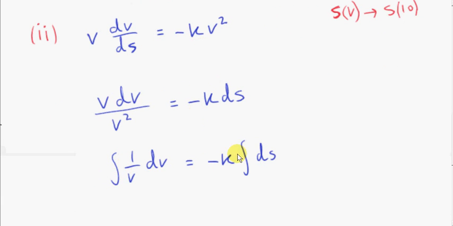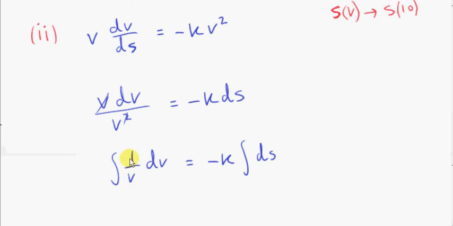Next, we integrate both sides. We've straightforward integrals to solve here. Now we could consider indefinite integrals, forget about the limits, and get v as a function of s. We'd have a constant of integration and we'd use the boundary condition to get rid of it. We could do that, but I will actually use the definite integral approach.